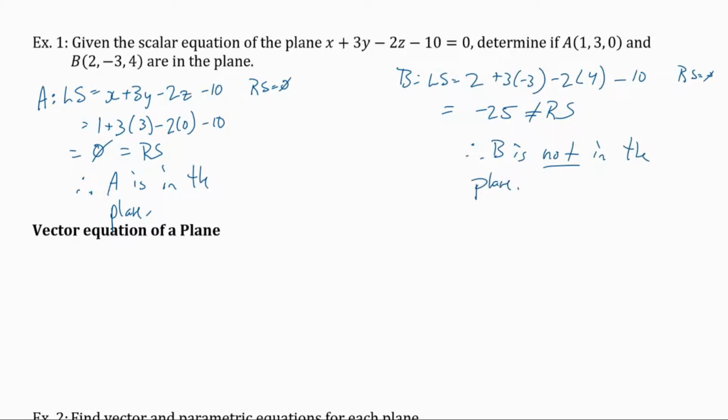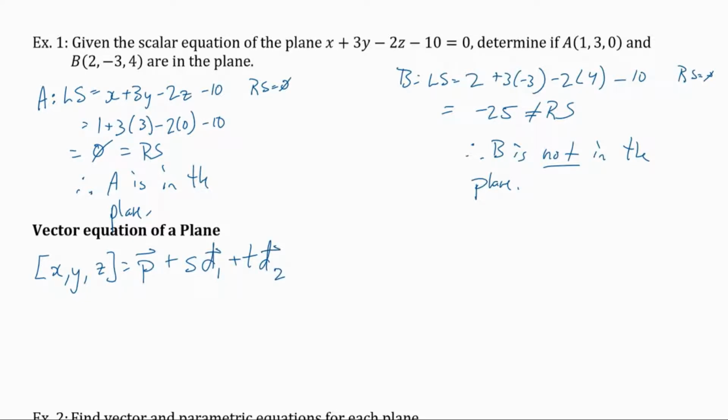Okay. Vector equation of a plane. Well, we talked about how 3 points are required to define a plane, or 1 point and 2 non-collinear direction vectors. So that means the vector equation of a plane is going to be in 3 space, and it requires that point and 2 parameters: s times direction vector 1, and t times direction vector 2.